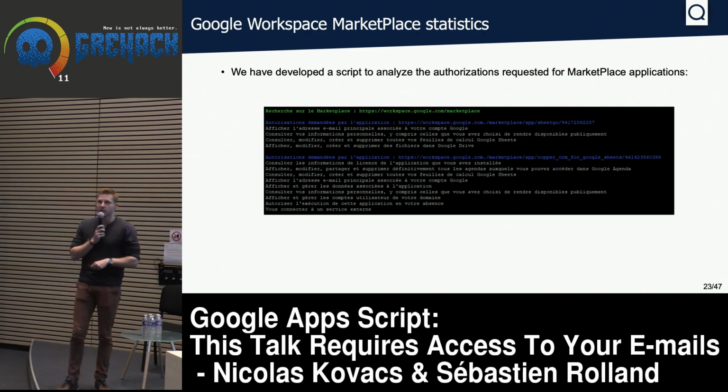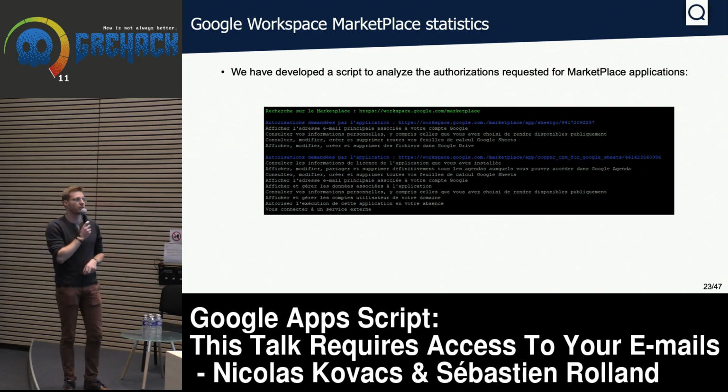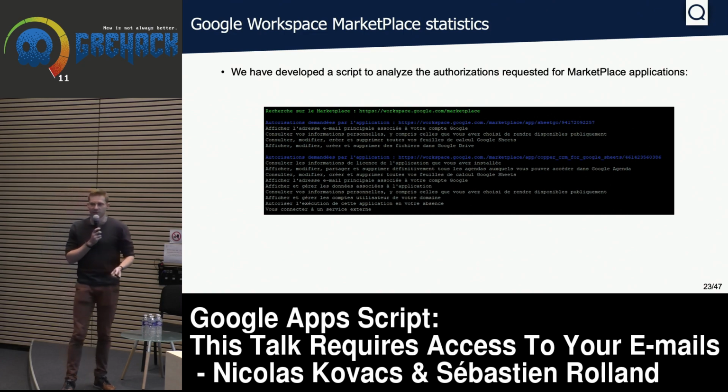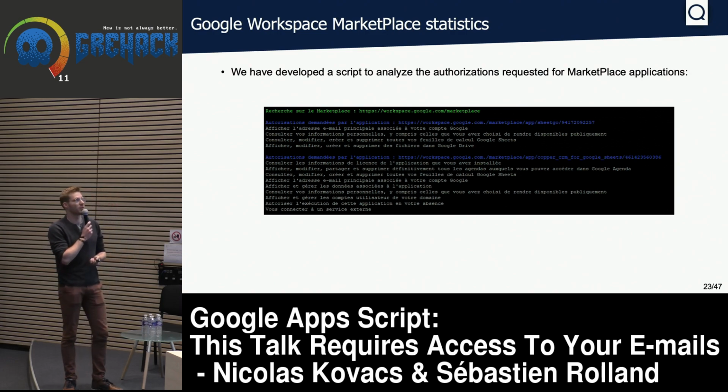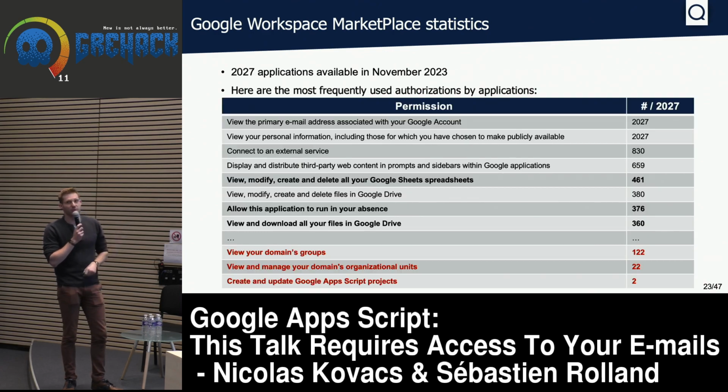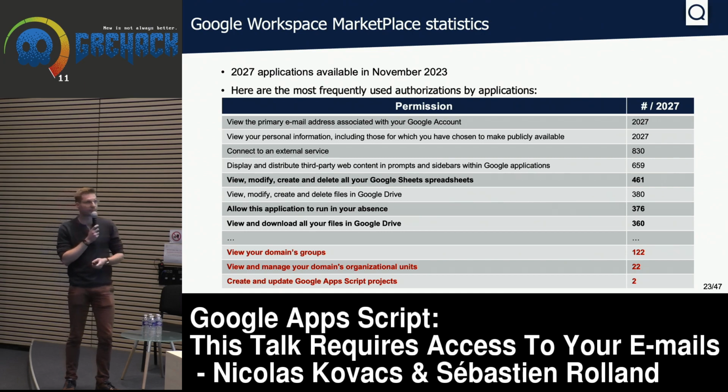We also created a script in order to parse the Google Marketplace, looking for all the applications and enumerate all the authorizations they ask for, as you probably cannot see on this screenshot. So there is a table where we show you the most asked permissions and also the most dangerous ones. In November 2023, we saw that there were more than 2,000 applications.